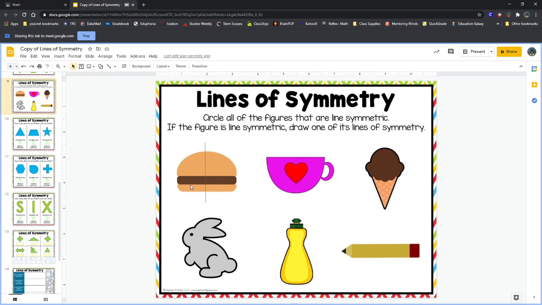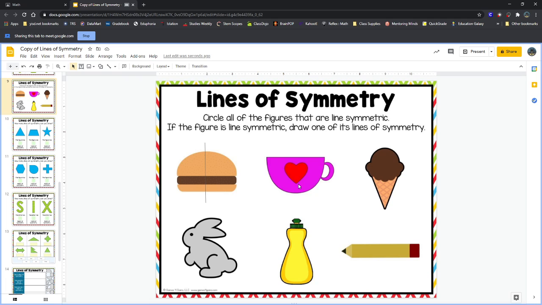It does kind of look like there's one, but if I try to draw a line like this, it's very close to having a line of symmetry, but it's got a handle on one side. The other side doesn't have the handle. So if I tried saying that's symmetrical, I would need a handle on the other side. So the cup does not have any lines of symmetry.